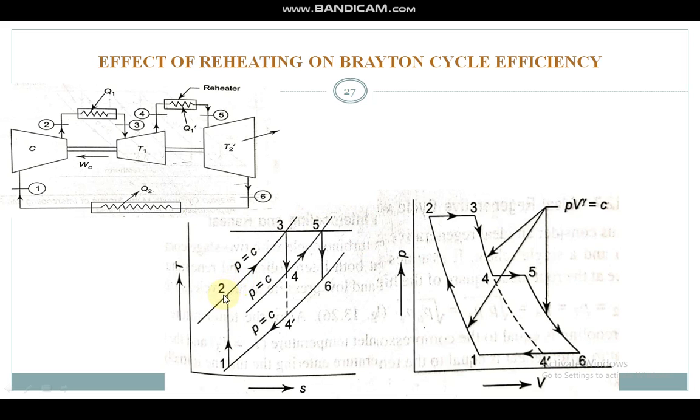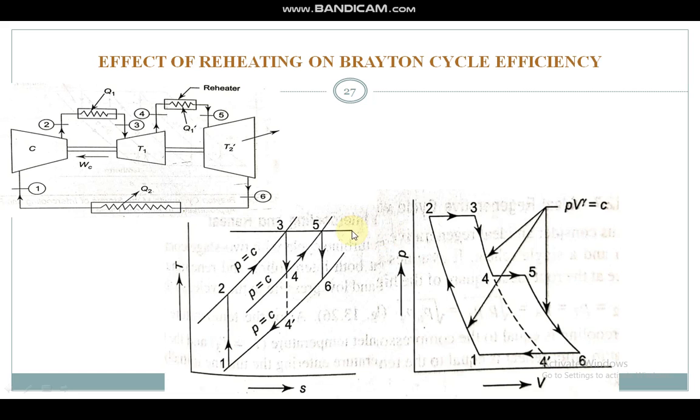Earlier the heat supply was 2 to 3 constant pressure heat addition, but now heat supply is 2 to 3 plus 4 to 5. In the cycle 4, 5, 6, 4 dash, RP is lower than the basic cycle, so its efficiency is lower. Therefore, the efficiency of the cycle decreases with the use of reheat.